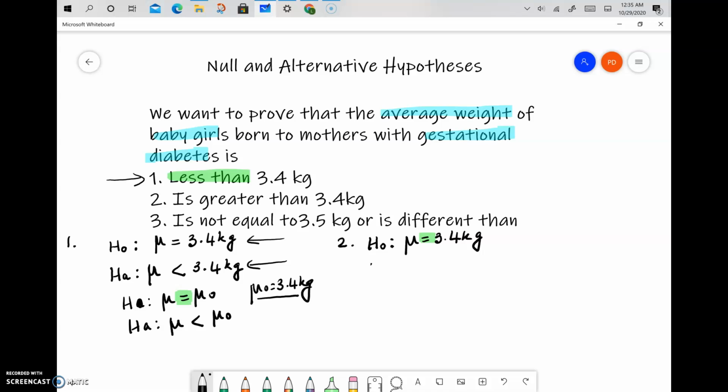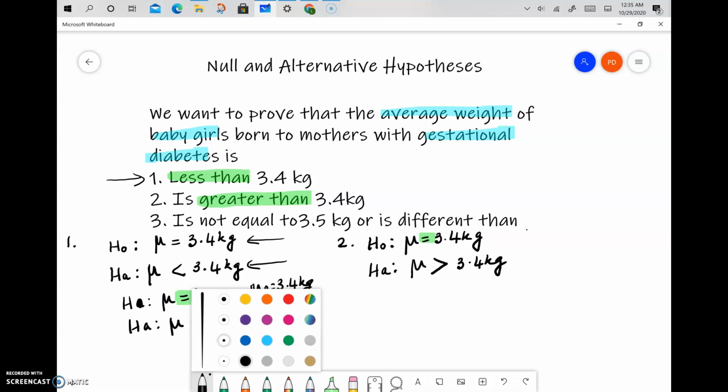Next is HA, the alternative hypothesis, mu, which is, and in this case, let's read the second question, greater than. And what is the symbol for greater than? Greater than 3.4 kilograms. So basically we're changing the sentence to mathematical notation. That's what we're doing here.